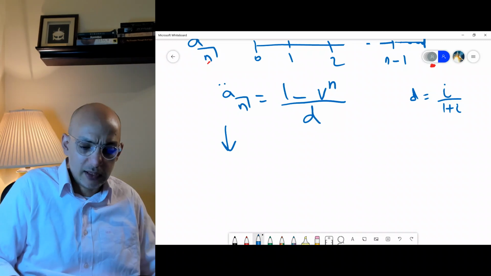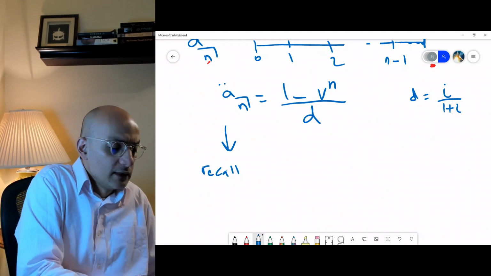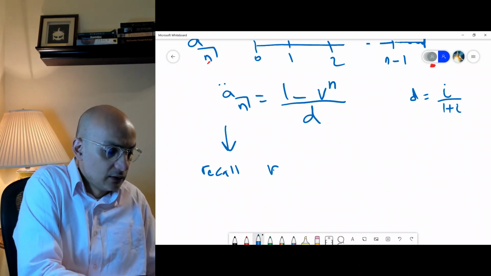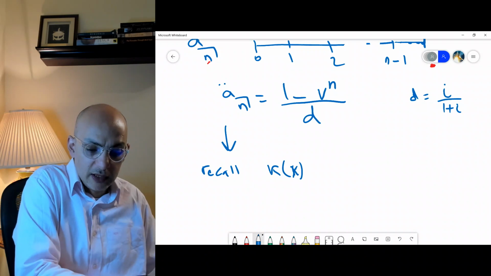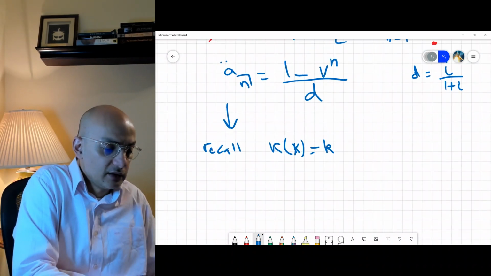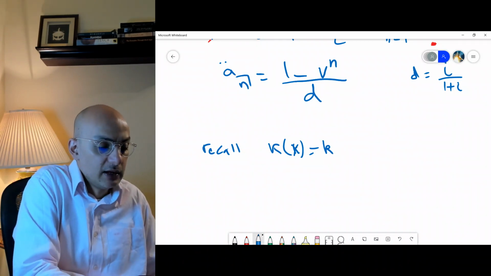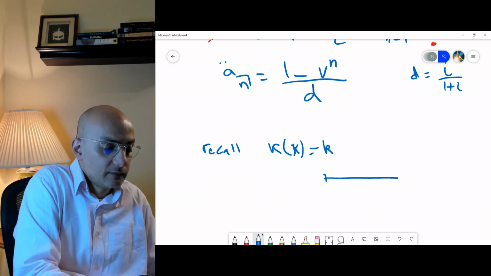So how we'll do it, we also recall the curtate future lifetime function K of x. We need to recall this concept of the curtate life, that death occurs, let's say this is x.